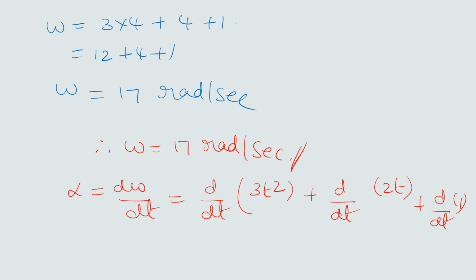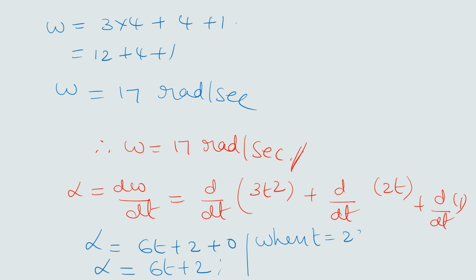Now alpha is equal to 6t plus 2 plus 0. Here we are calculating both angular velocity and angular acceleration. So this is angular velocity and this is angular acceleration. 6t plus 2, when t is equal to 2 seconds, alpha is equal to 6 into 2 plus 2. So in total we get alpha equal to 14 radians per second square. This is about the values of angular velocity and angular acceleration.